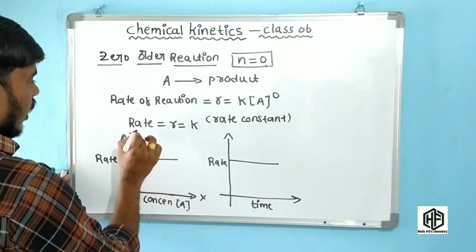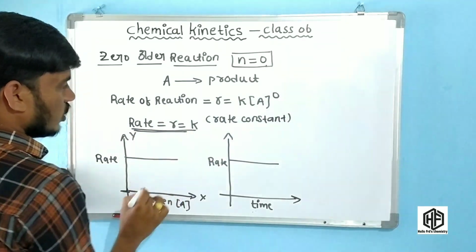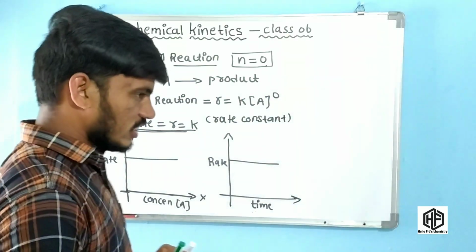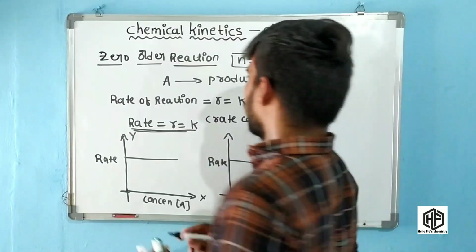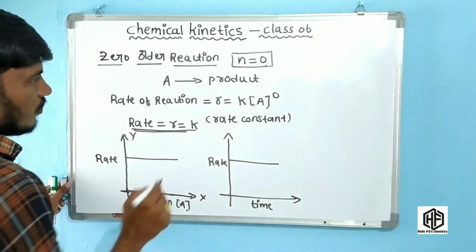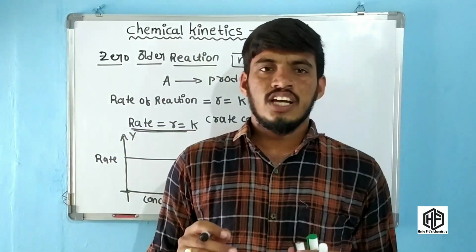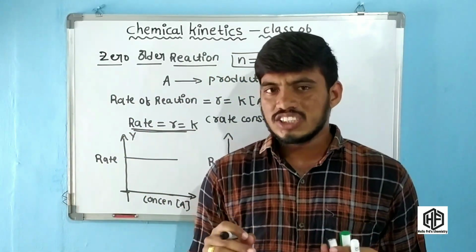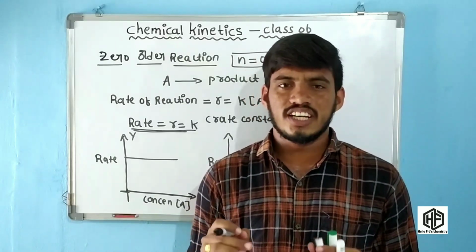Friends, you know that the rate of reaction is equal to the rate constant. It means the rate of reaction cannot depend upon concentration and time in a zero order reaction. This is very important, friends. In a zero order reaction the rate is equal to the rate constant. It cannot change with concentration and time.